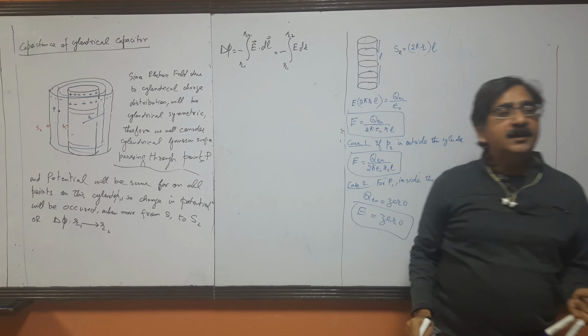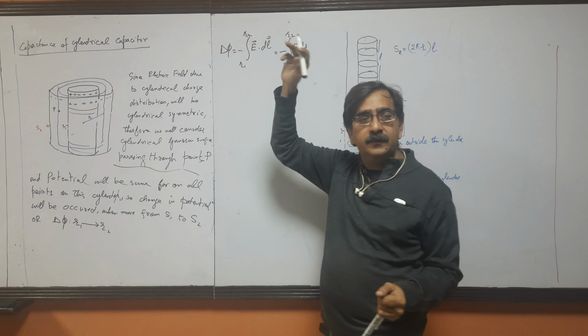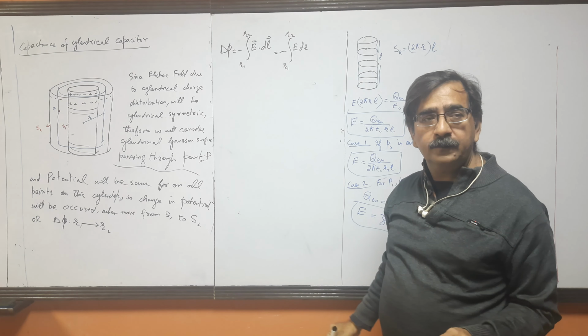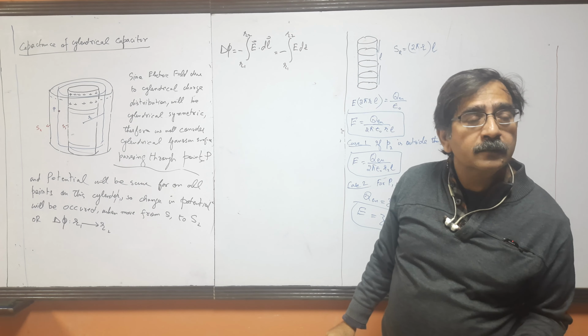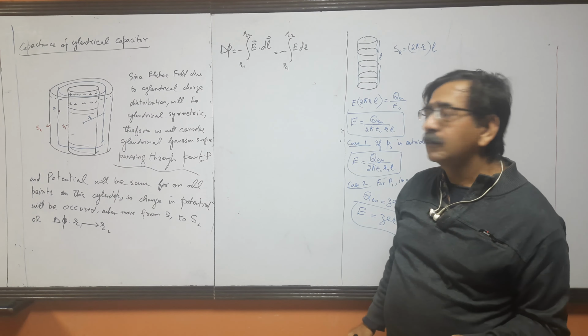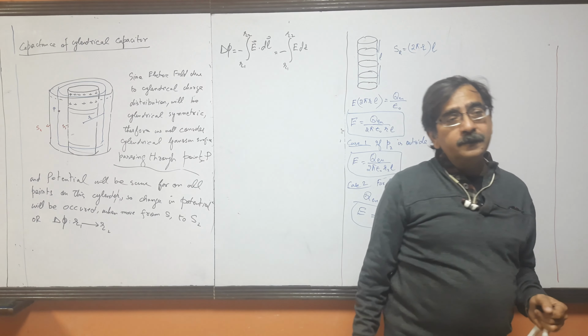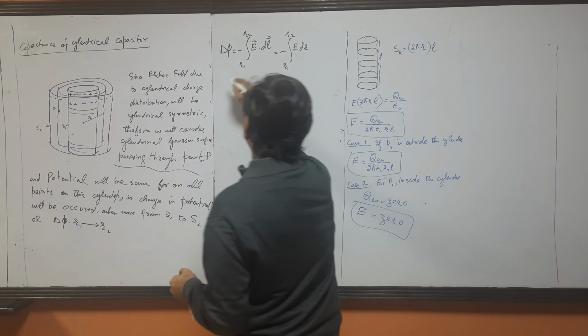I have already explained dl cos theta is equal to dr. Okay, that is the formula. Delta phi is minus E dot dl. Okay, no, the minus will come. So this will be equal to this.